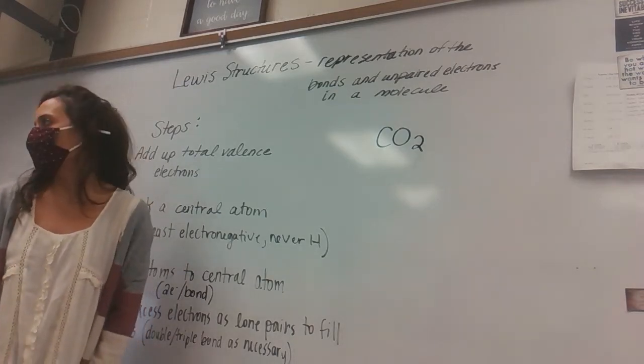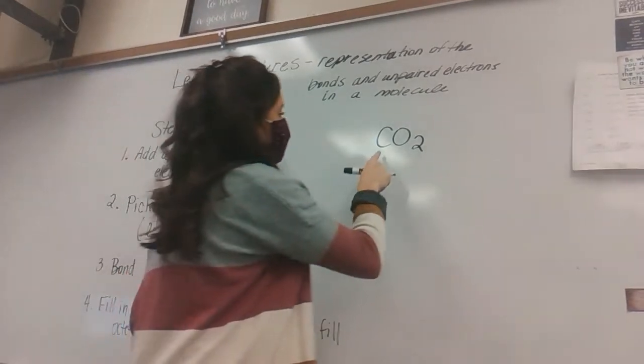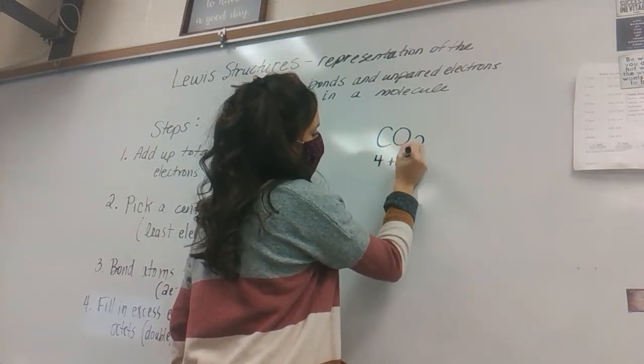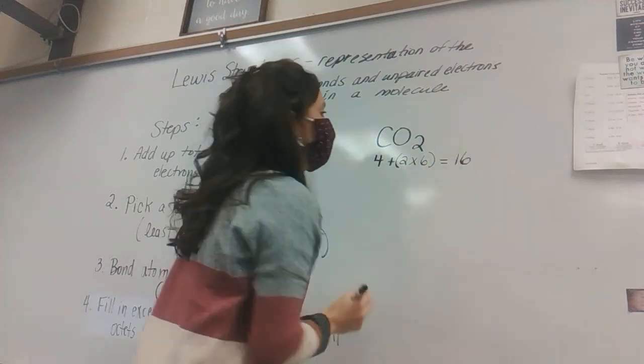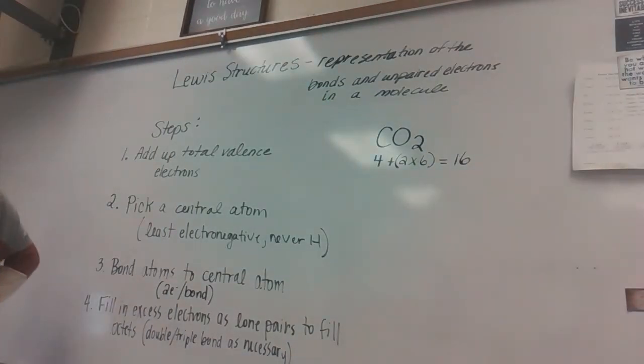Carbon dioxide. Add up total valence electrons. Carbon has 4. There are 2 oxygens with 6 each. So I have 16 to work with. I need to pick a central atom.